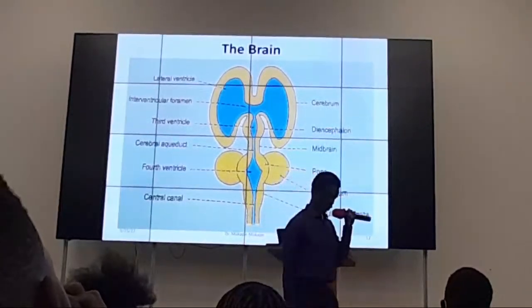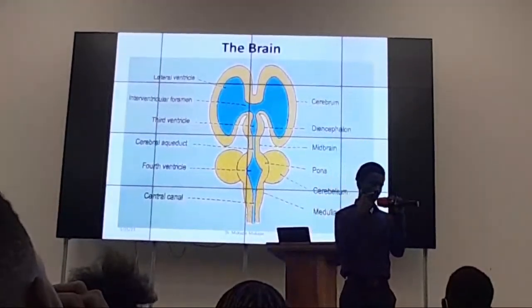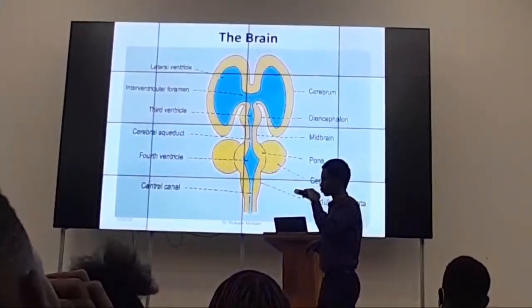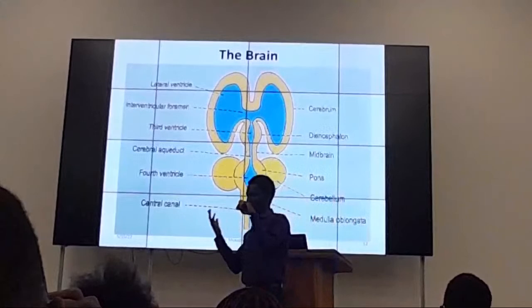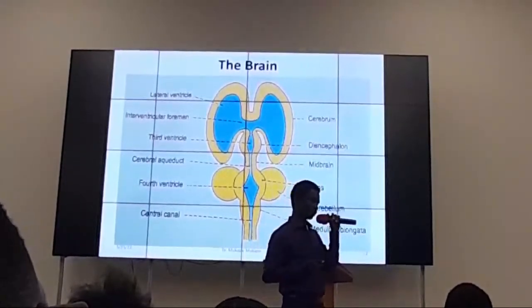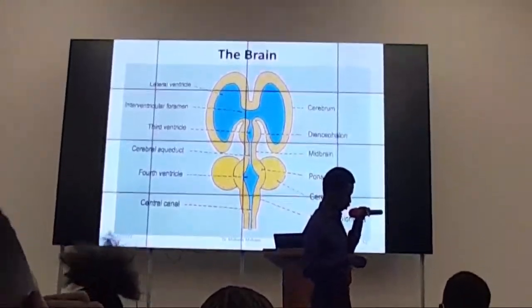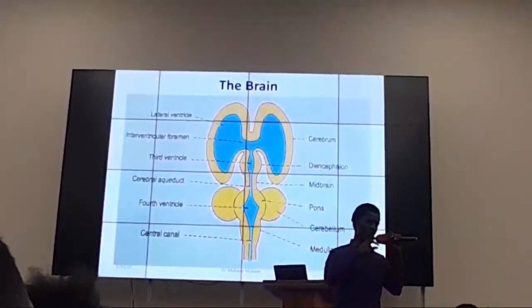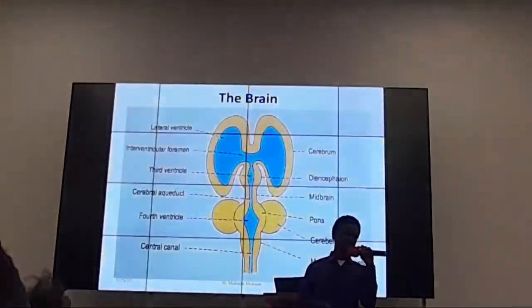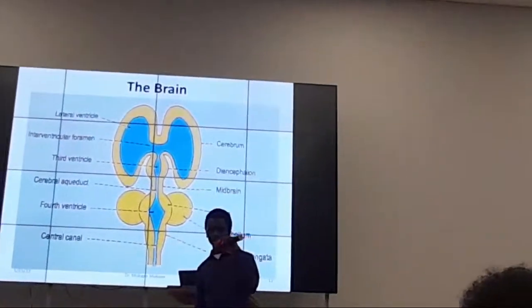What happens to the pressure inside the brain? The intracranial pressure. If you compare a child less than 18 months and someone above 18 months, which pressure will be more compared to the other one? An adult, isn't it?